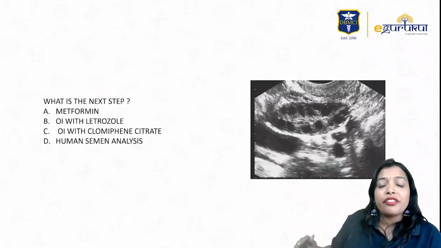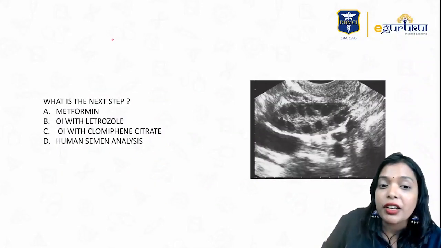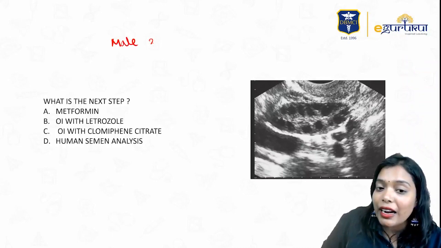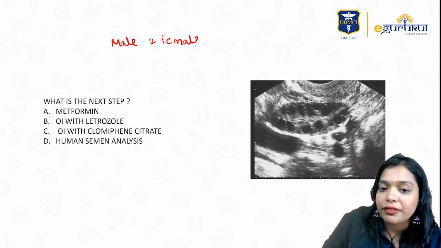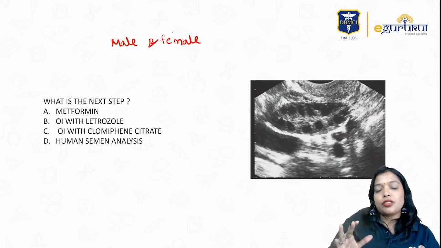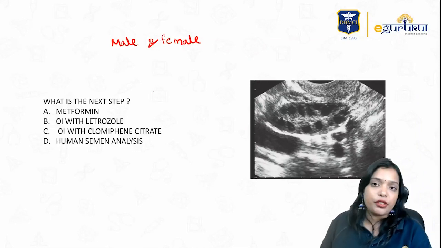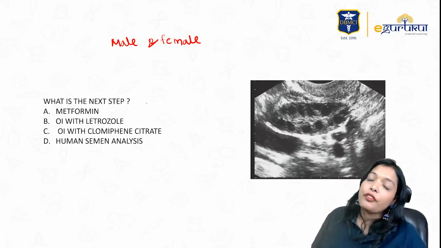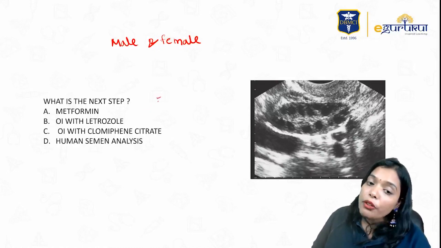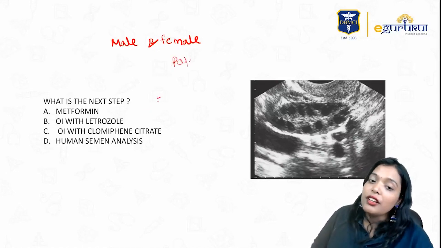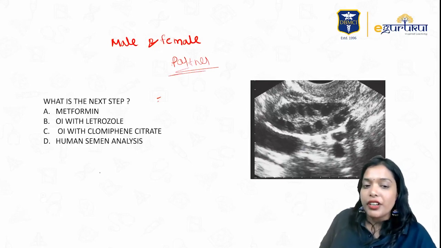So whenever you have an infertility patient, you have to evaluate both male and female partners. Such small points we should not miss, right? So you have to evaluate both male and female partners before you start treating her with ovulation induction.